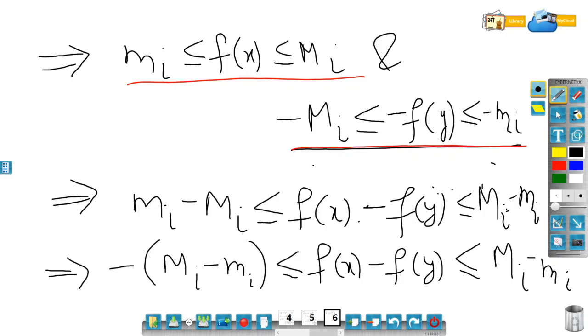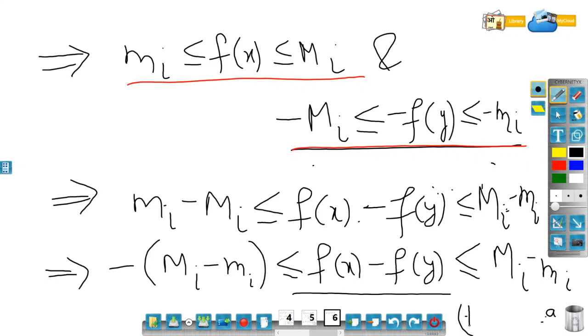Now you can see that f of x minus f of y lies between minus and plus capital Mi minus small mi. So we have a result: if x lies between minus a to plus a, that means mod x is always less than or equal to a. That property I will use. It's a nice property of real numbers.